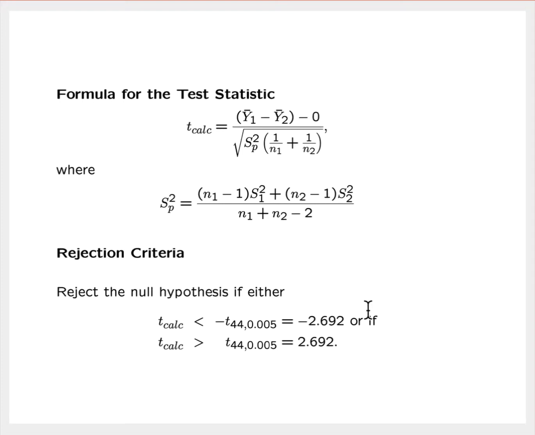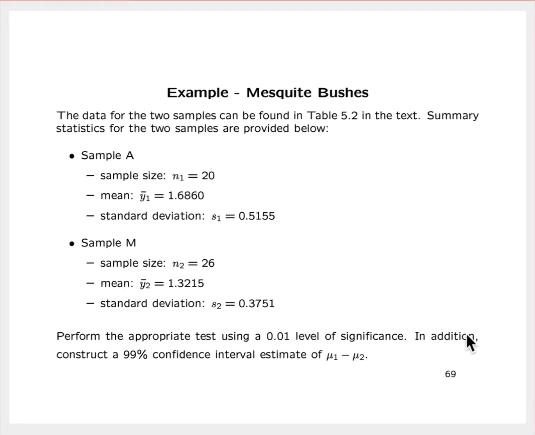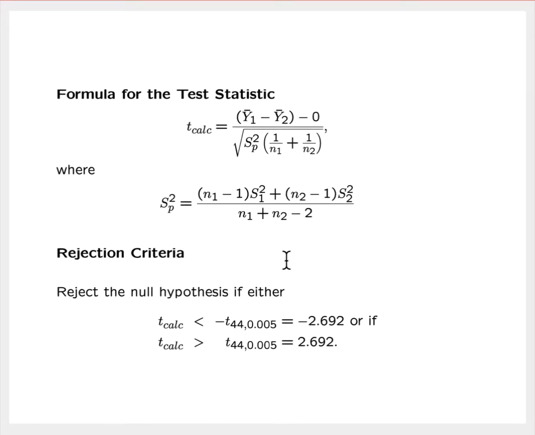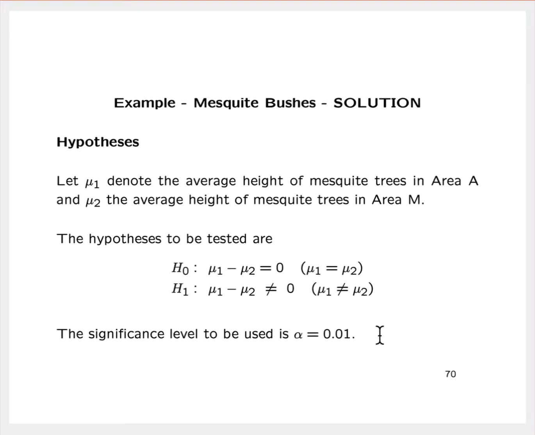All right, and let's see here. Notice that we have 20 observations in sample 1 and 26 observations in sample 2. And so n1 plus n2 is 46, minus 2 is 44. So this test has 44 degrees of freedom associated with it. And we're performing the test at the 0.01 level of significance, and it's a two-tailed test.